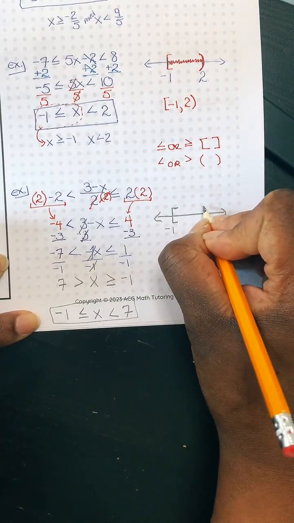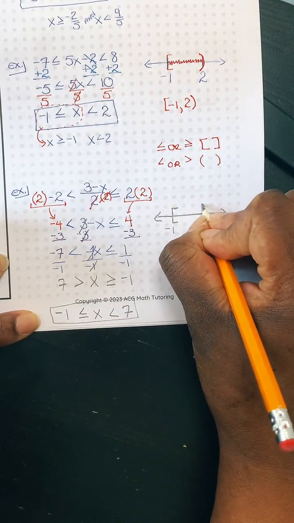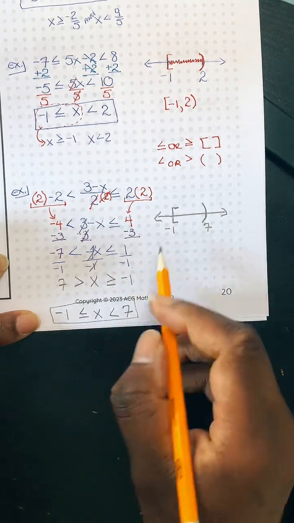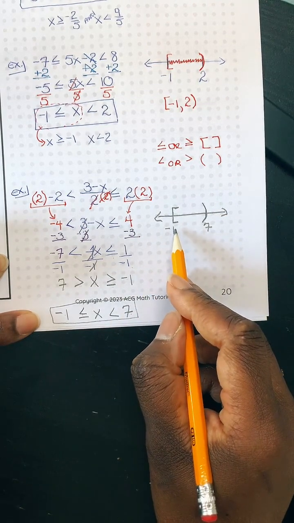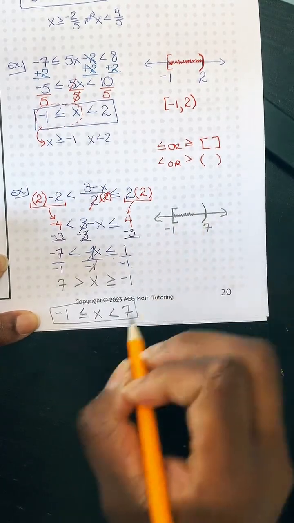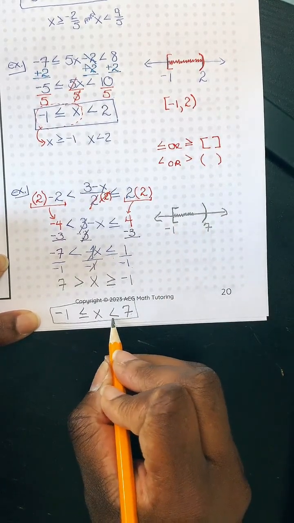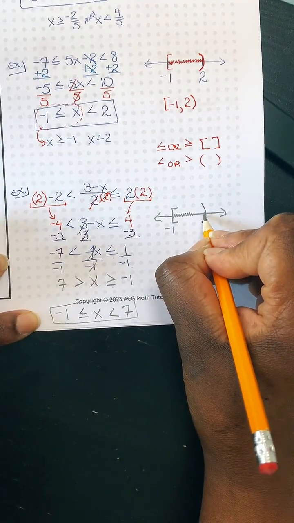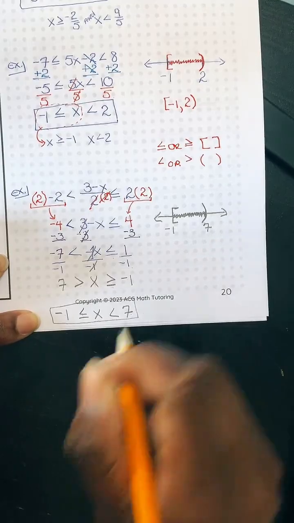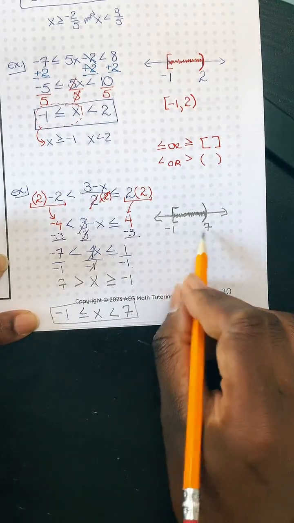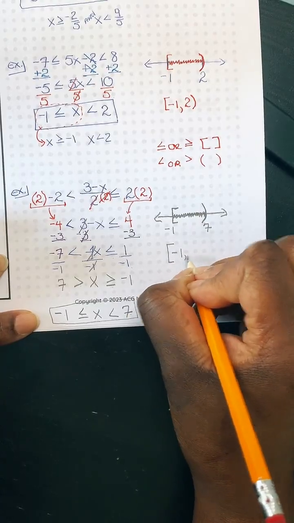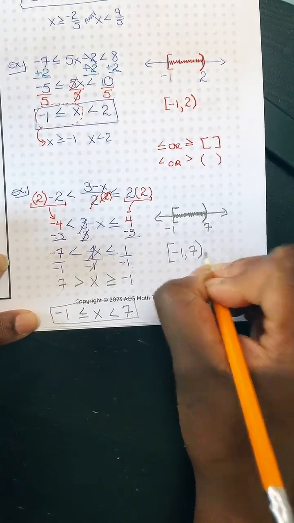And there is going to be a parenthesis at the 7. So since we're saying my x values are going to be bigger and include -1, shade. Since we're saying my x value is going to be less than 7, shade. So they're meeting here in the middle. This can help us with our interval notation, which is [-1, 7).